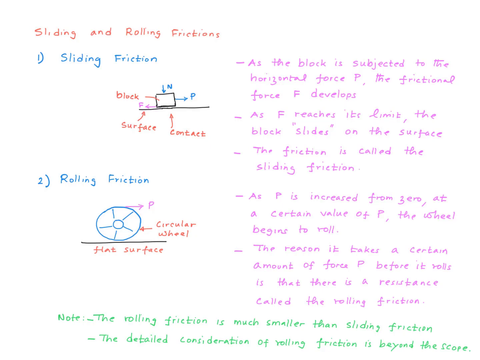The force that made the wheel come to a stop is the rolling friction. The rolling frictional force is the one that produced deceleration of the wheel, and eventually the wheel comes to a stop. So it turns out that the rolling friction is usually much smaller than the sliding friction. And in this course, we are not going to focus on the rolling friction. So we will only consider sliding friction in the problems that we will try to solve here.